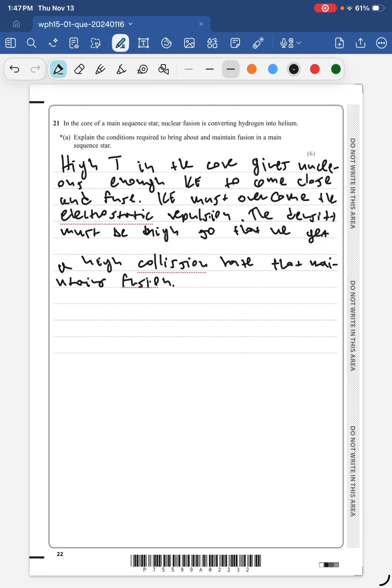Okay, so pretty much in the core of the star, we need high temperature. Remember that high temperature means higher kinetic energy, right? And higher kinetic energy means that the nucleons can come together, fuse, and produce energy. So we also need a high density, meaning that we need lots of nuclei, so that you have frequent collisions between them and higher probability for fusion. Okay, that's the answer.